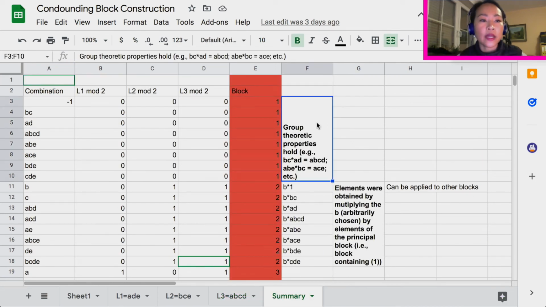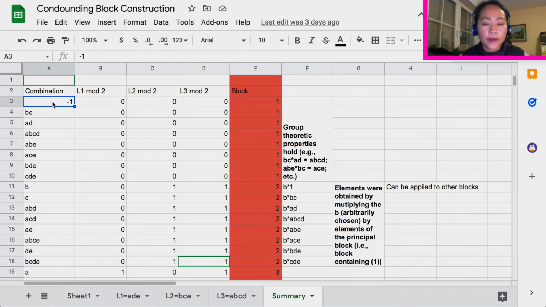Okay, so let's illustrate the group theoretic properties of the principal block. The principal block is this one because it contains the treatment combination where all factors are at a low level. You will notice that all the other elements can be obtained by multiplying two other elements in the principal block.